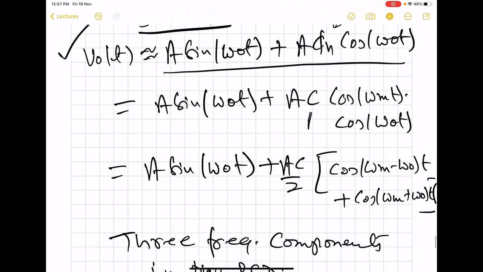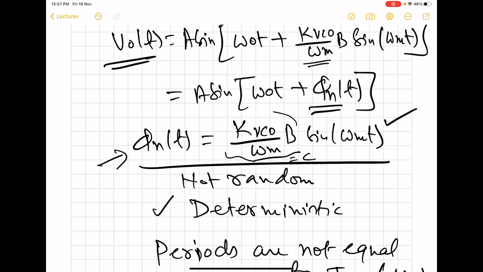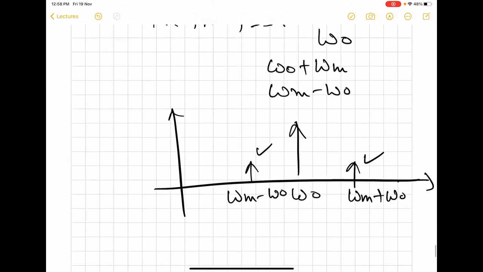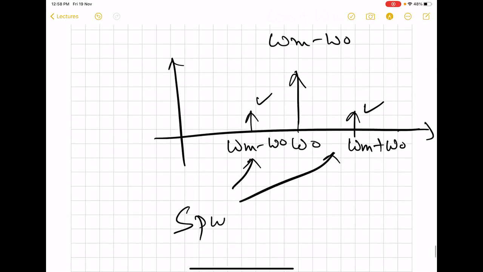And that will be small because C will be small. C being small means this factor KVCO B divided by omega m is small. As omega m rises, that factor is going to be small, and then we will have this kind of response. Here these two additional outputs are called spurs. They are the spurious periodic waveforms present in the output, and this one is the ideal desired.